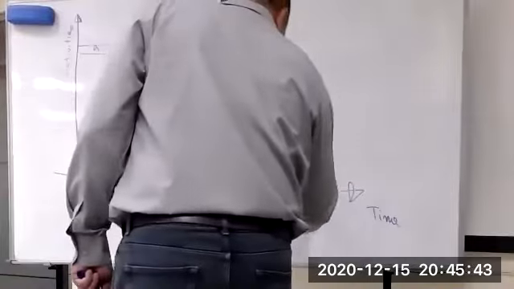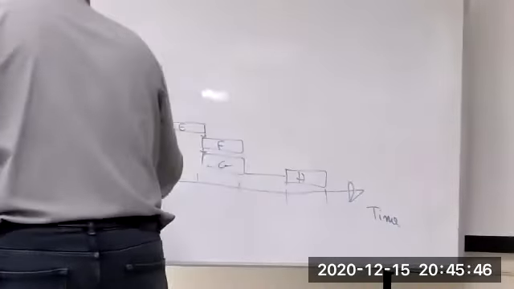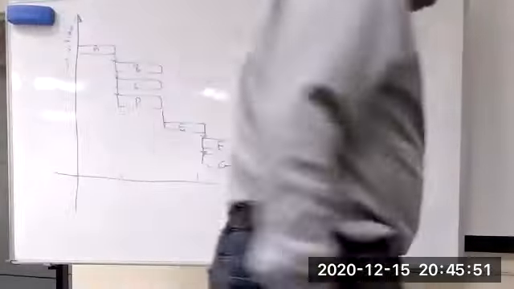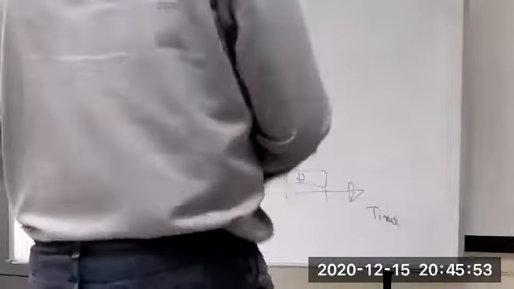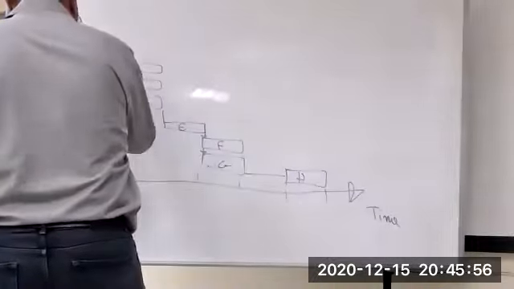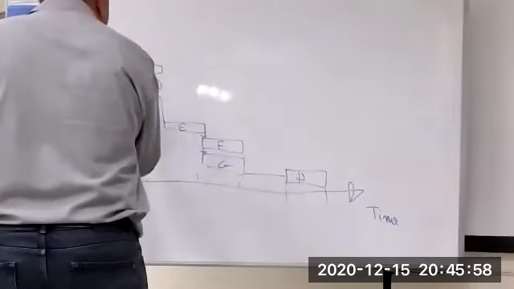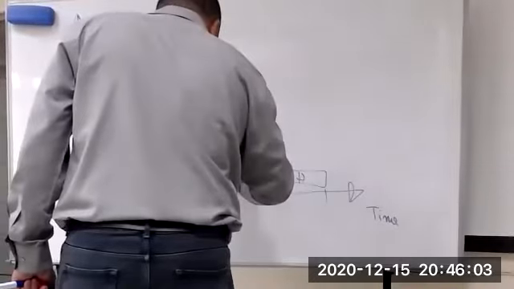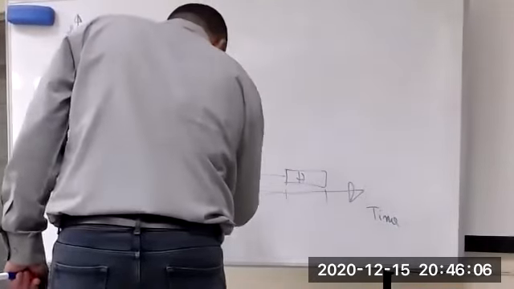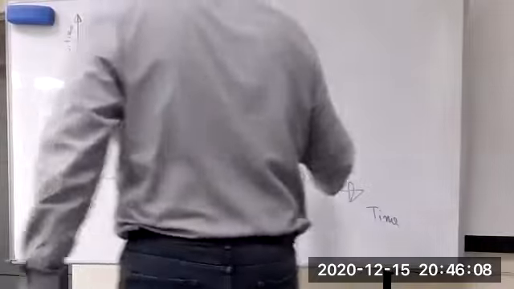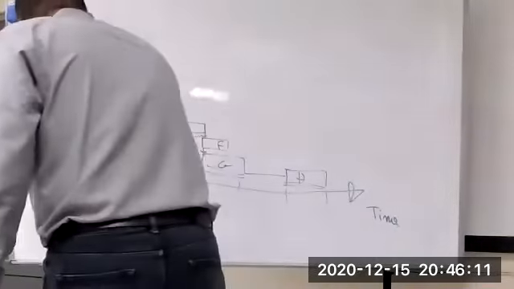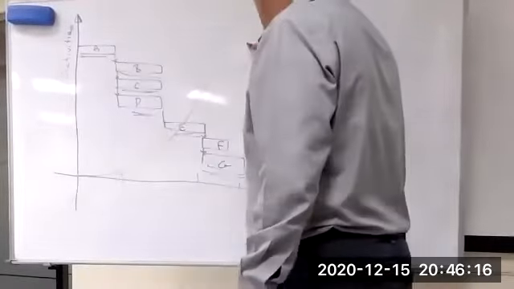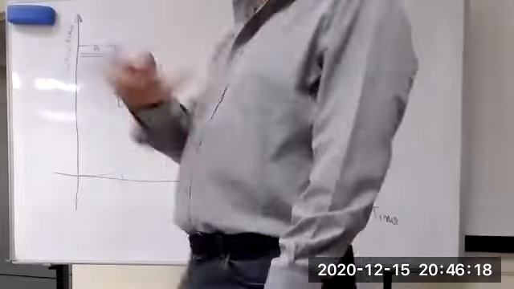You have time. And baseline means the critical path. Assume this is the critical path now. This is your S-curve. S-curve for cost, S-curve for any resource.